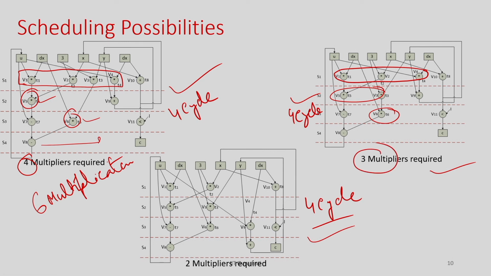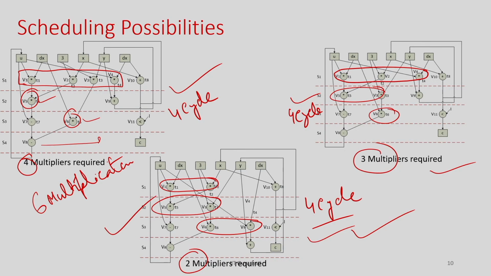So both are 4 cycles, both have 6 multiplications; one needs 4 multipliers, this needs 3. Let me take another solution here. 2 multipliers are scheduled here, 2 here and 2 here. So I need 2 multipliers. This also takes 4 cycles, and all 3 are valid solutions because they satisfy the scheduling constraint.